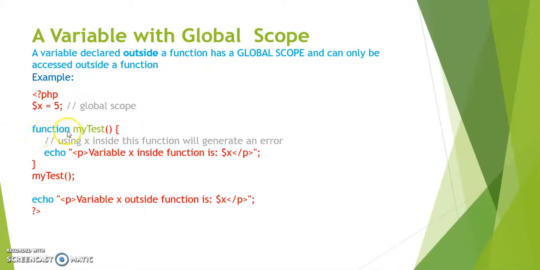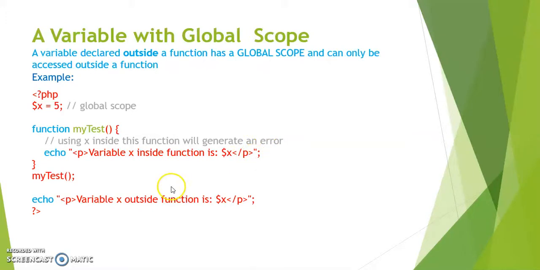We now define a function, myText. We cannot use this variable inside our function unless we use it with the global keyword, but we are going to that, so never mind. For example, if we say echo variable x inside the function, it will give us an error.